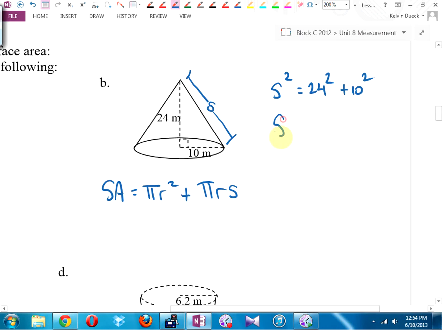Woohoo! S equals 26. Let's even label that on my diagram. And now, Alon, I'm good to go. Pi times 10 squared plus pi times 10 times 26.